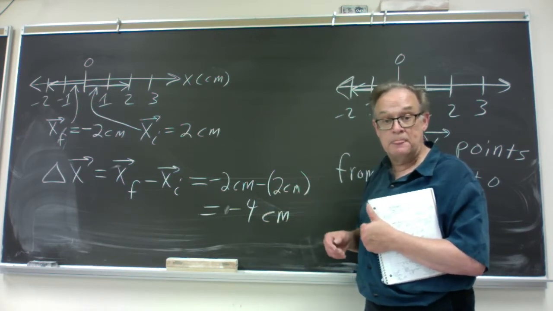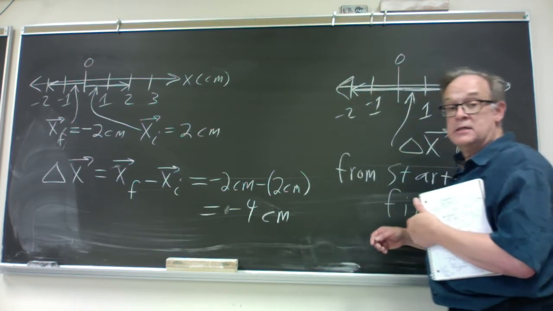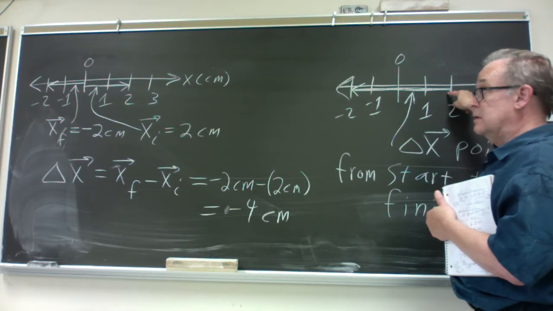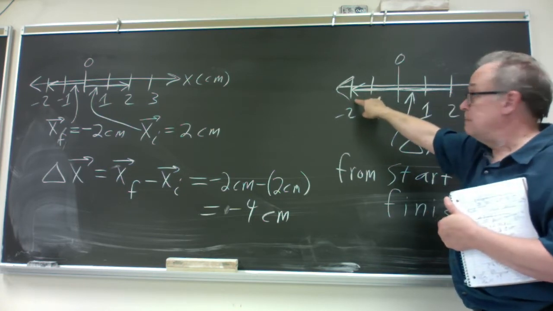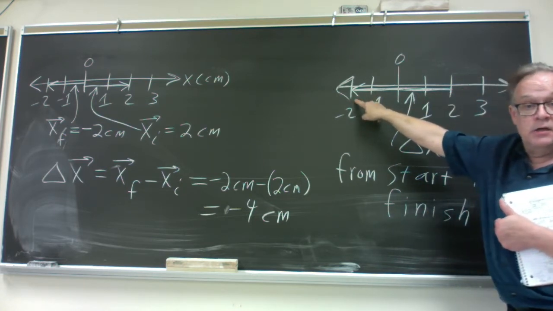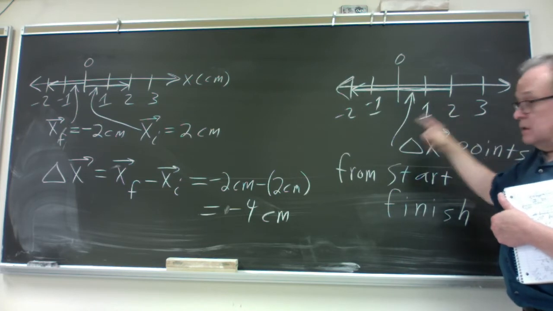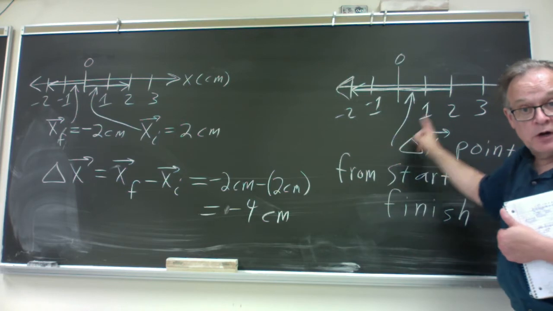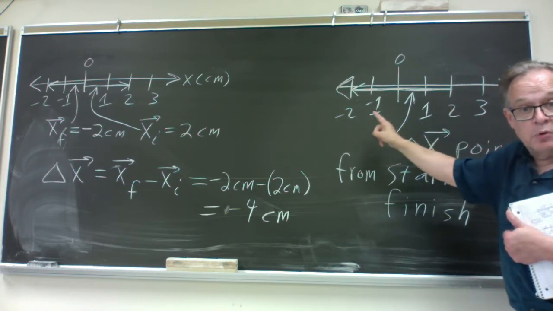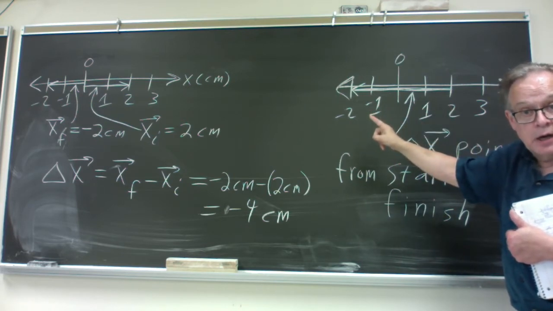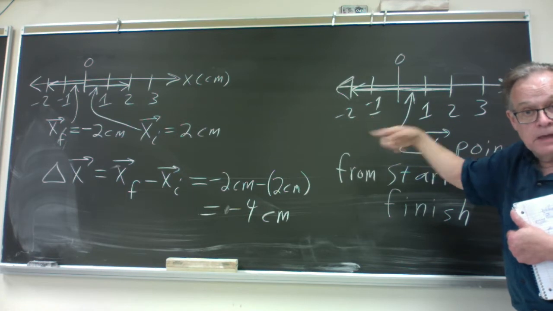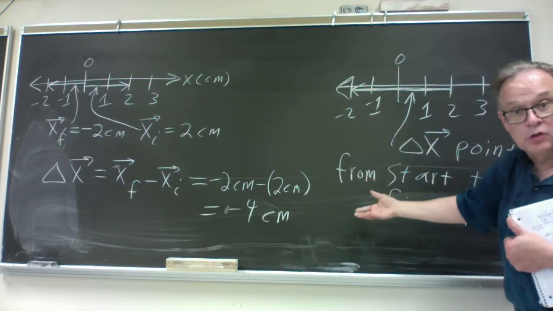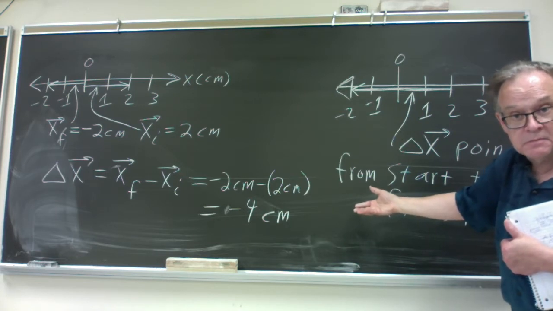What does that mean? Well, what it means is that the initial location was here, the final location was here, the magnitude of displacement tells you how far apart the beginning point and ending point are. That's the meaning of the size or magnitude or absolute value of displacement.